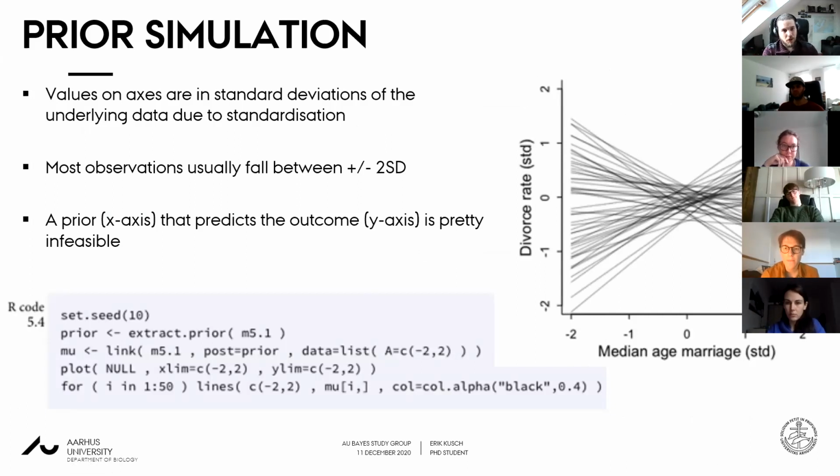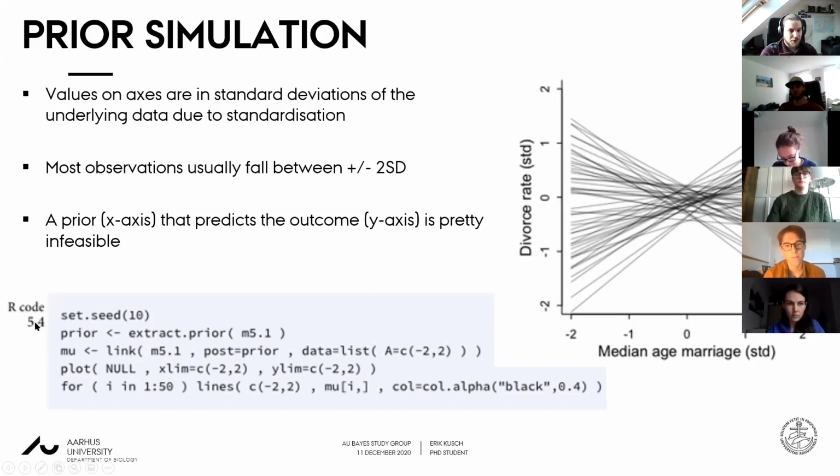And usually all of the data falls within ±2 standard deviations. So if we have slopes that predict outcomes far exceeding these points of -2, -2 and 2, 2, for example, we should be very careful of what these priors actually mean for the model, because they are probably predicting relationships that are a bit too intense.